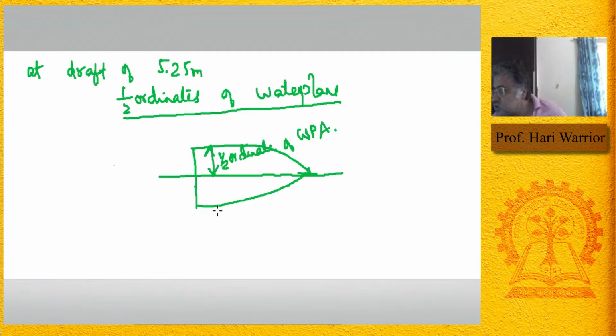Okay. Now they are giving the values of the half ordinates of water plane. So basically half ordinates of water plane will be given in terms of what? Suppose I have to give something x, half ordinate of water plane. So what will be x?